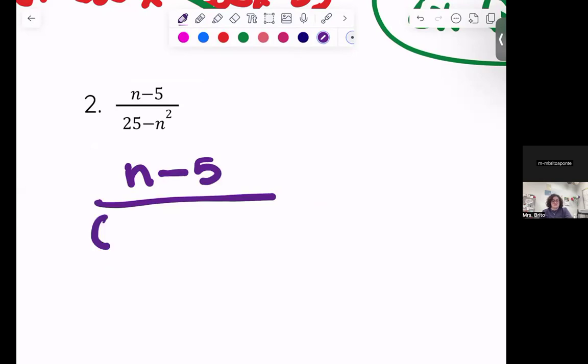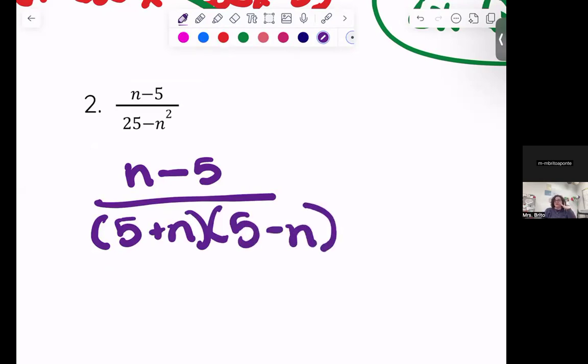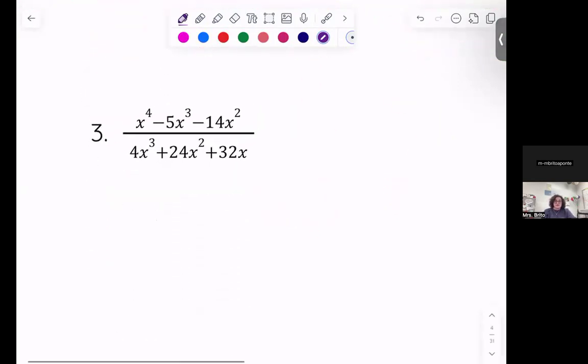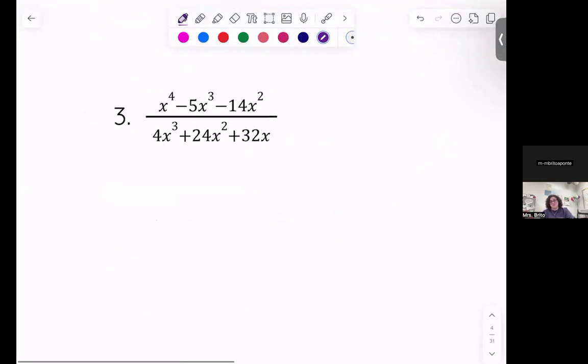I've got 5 plus n and 5 minus n. 25 is a perfect square, n is a perfect square, difference of 2 squares. Okay, nothing's going to cancel, it looks like. So I think I'm done. Check.